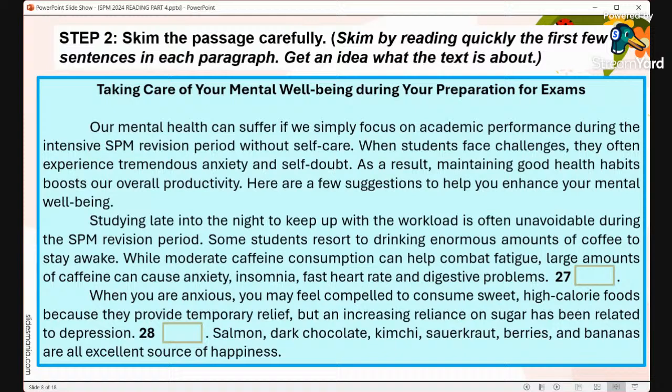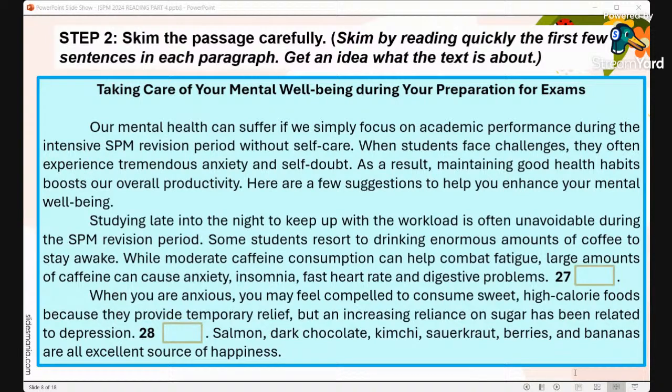Usually, what I ask them to do is, I do not want them to overwhelm themselves by straight away reading from paragraph one until the end of it. So I first ask them to straight away read the sentence that contains the gap. I want them to focus on the sentence before the gap and after the gap.